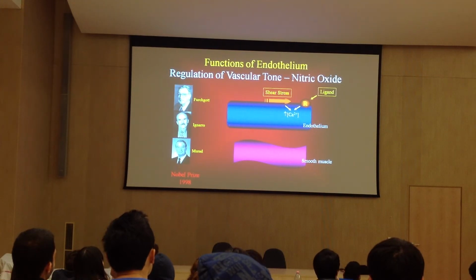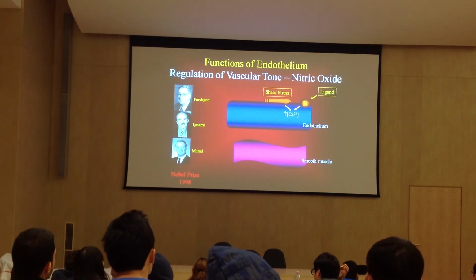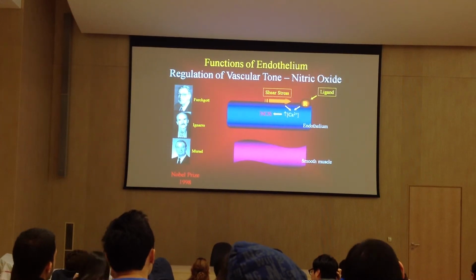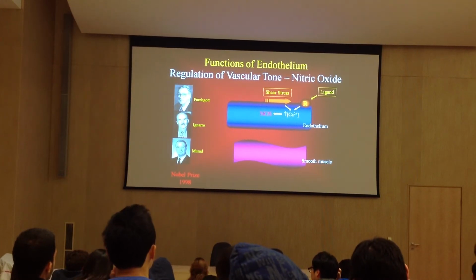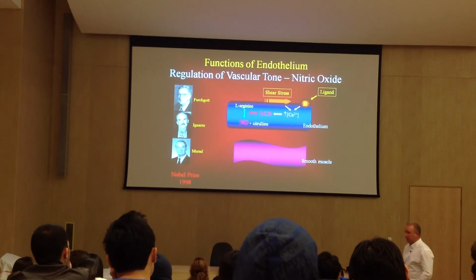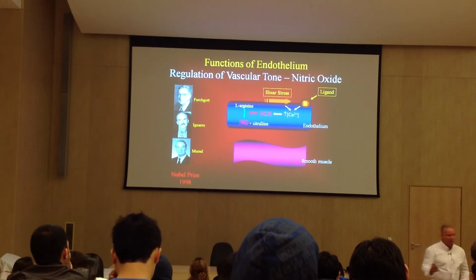And what these gentlemen described was a very simple idea. They found the actual target molecule of the increase of calcium. And that was NOS, nitric oxide synthase. And the nitric oxide synthase is producing a very primitive chemical reaction.